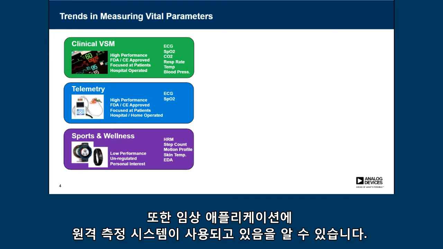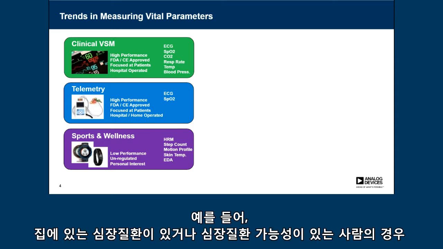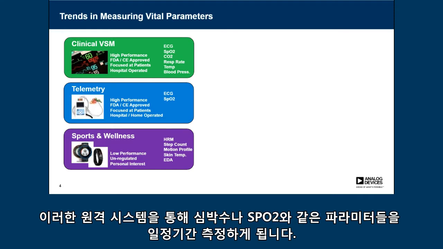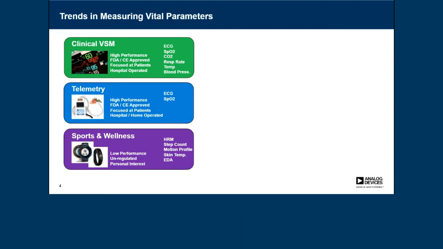From the clinical applications, we see also that physicians are using systems for telemetry, meaning that, for instance, someone with a cardiac disease or potential cardiac disease is being sent home, and that those kinds of parameters like heart rate or SpO2 are being measured for a certain period of time.